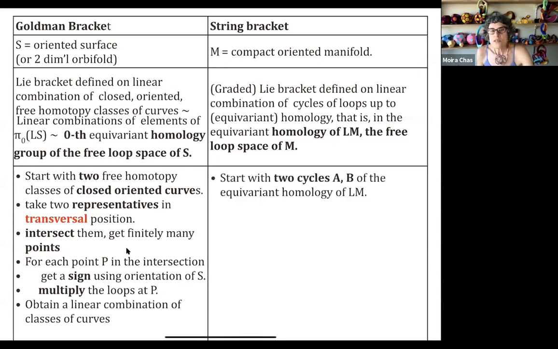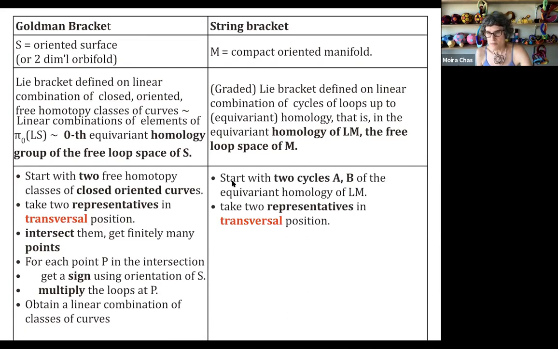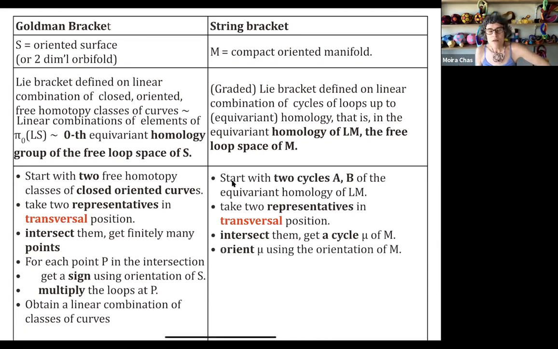So what we're going to do now is take two families of curves, two cycles in this homology, and take representatives of these cycles that intersect transversally. Now it's no longer in points, or not necessarily. When you intersect two cycles as manifolds, imagine that I intersect two submanifolds, I get a cycle again, and now I can orient that.